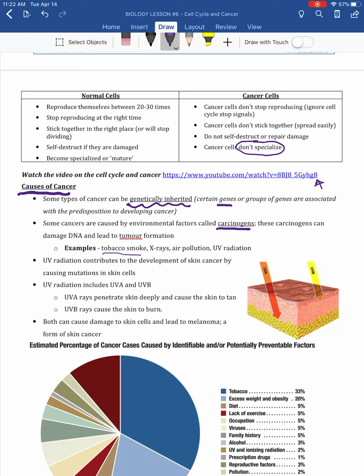You guys know what I'm talking about. Any kind of inhalation of any kind of product can damage the DNA in your lungs. Okay? X-rays, and this is why we put those lead shields on when we go to the dentist, because X-rays can damage DNA. Air pollution is the same kind of thing as tobacco smoke. So smog can also mutate DNA.